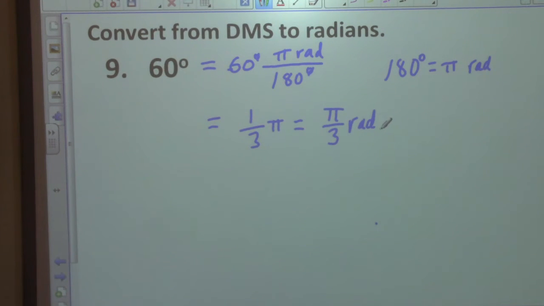RAD is a typical abbreviation for radians, but often you'll see that angle in radians just written as pi over 3. When you have pi by itself, it's implicitly understood by convention to mean radians. Questions on that one?